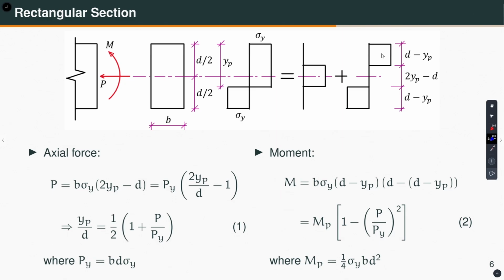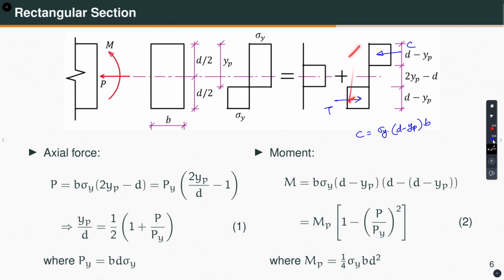So, let us say this is my compressive resultant C and this is my tensile resultant T. Okay. So, what is C equal to? Well, C is equal to sigma y into d minus yp, so d minus yp is this distance, right, and into b, right. Okay. Now, what is this distance from here to here?